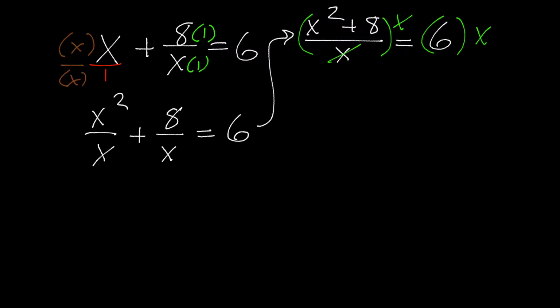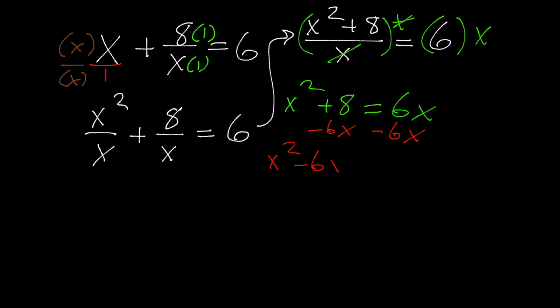That cancels out the x on the bottom, and I have x squared plus 8 equals 6x. Not too bad. Ultimately though, since I have an x squared and I have an x term, I'm going to want all the x's on the same side. So I'll subtract 6x from both sides. This gives me x squared minus 6x plus 8 equals 0.